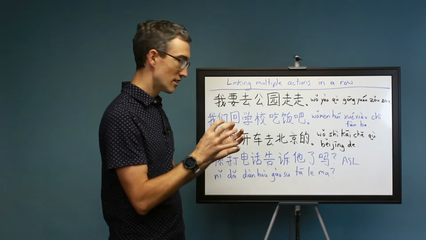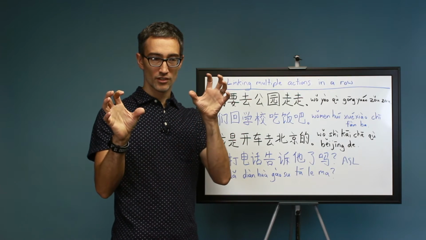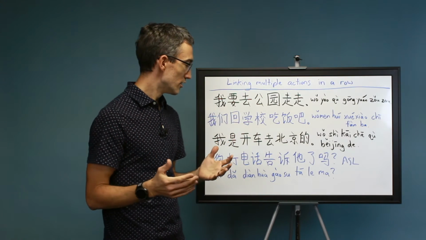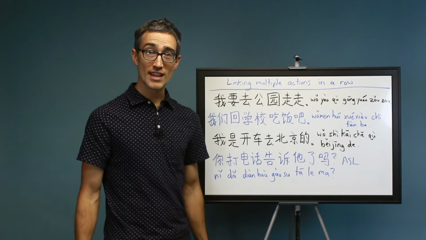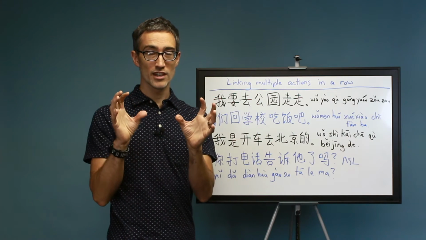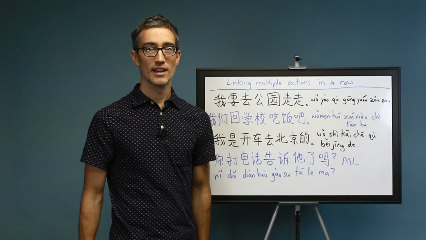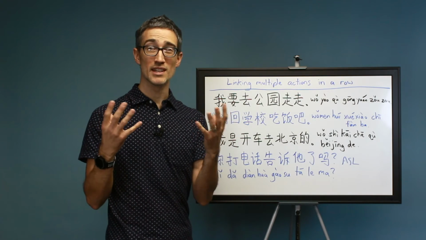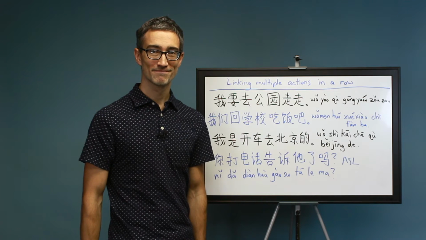It's just call, tell him. Did you call, tell him? And that's enough to make the meaning clear. So that's how you do it. In the vast majority of cases, you just take the two connected phrases and put them side by side, and usually the context will tell you the meaning connection between the two phrases.